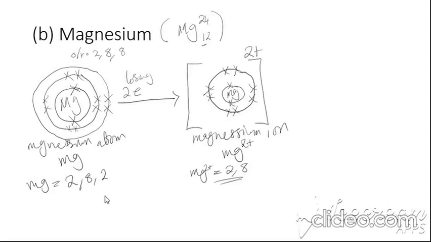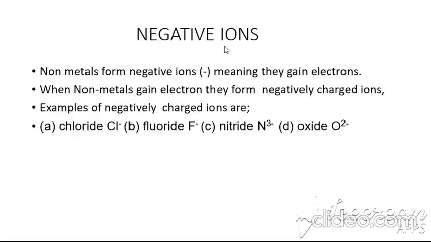So have you seen the difference between magnesium atom and magnesium ion? So they can even ask you to write the electron configuration for magnesium ion, this one. So this is how you do it, and you do the other last 2. You can do it on your own. So now let's look at negative ions, and I'm sure you're clear about the positive ions.